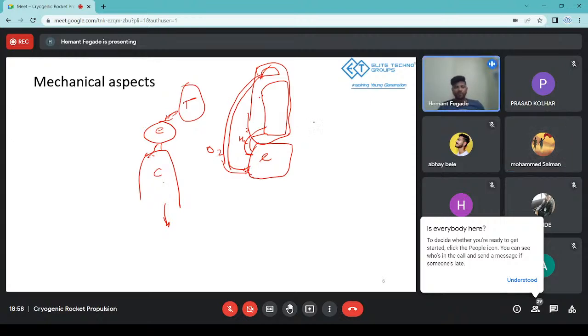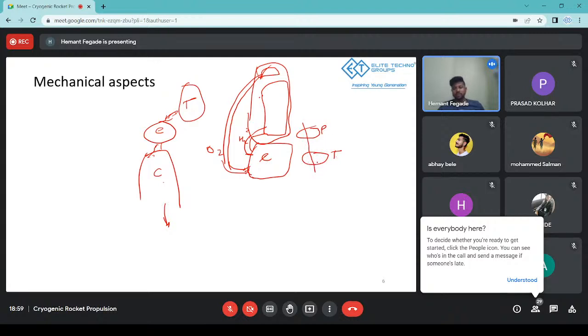Yeah. So there is this concept to tackle this biggest problem. We can't use an electrical pump, so what we can use is a mechanical pump. One such example of a mechanical pump is something which is driven by a turbine. Let's say this is your pump and this is your turbine.